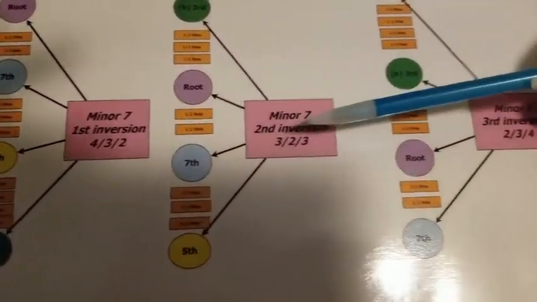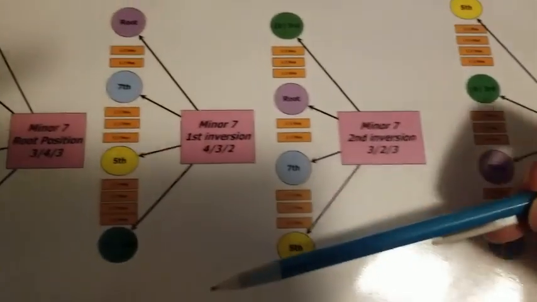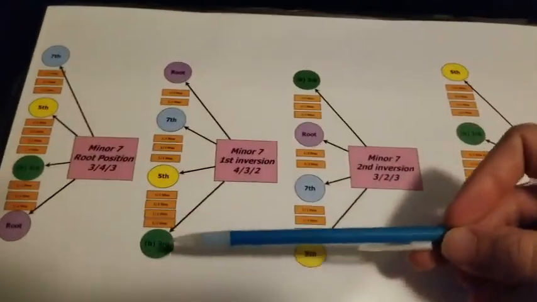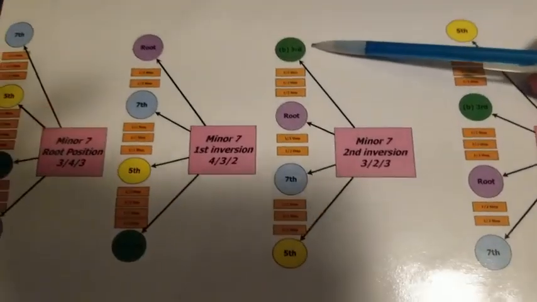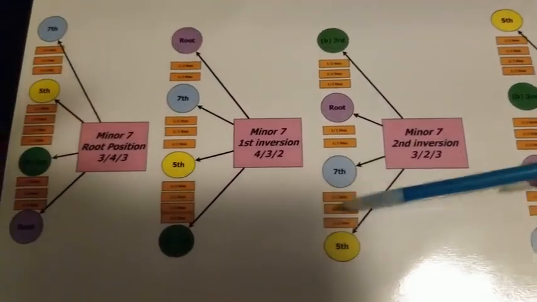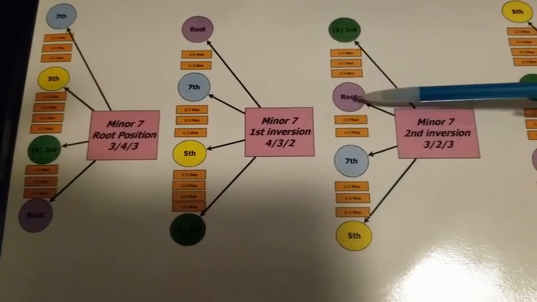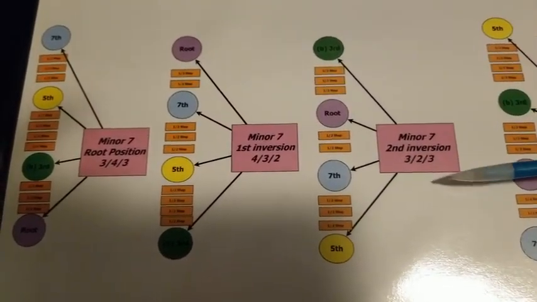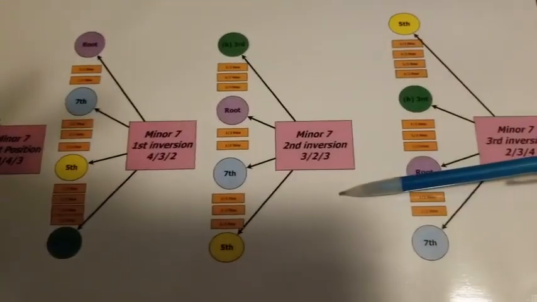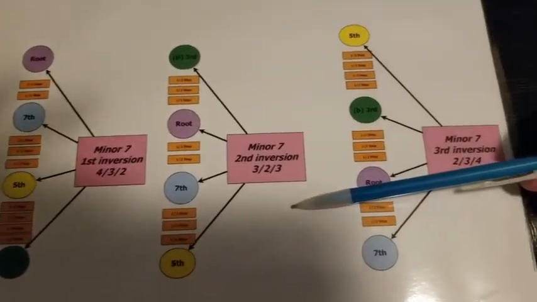Okay, now we move on to the second inversion. We're taking the third and moving it to the top, leaving us a 5th, 7th, root, third structure with 3, 2, and 3 half steps between them for second inversion.